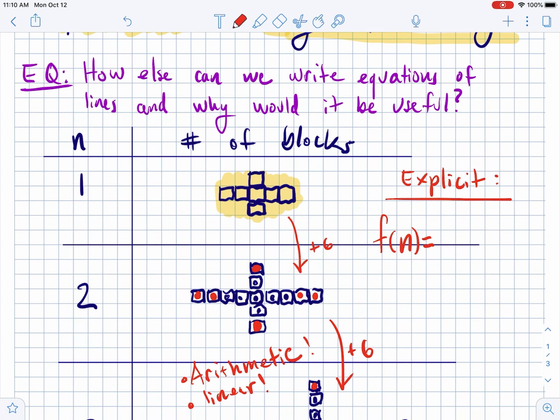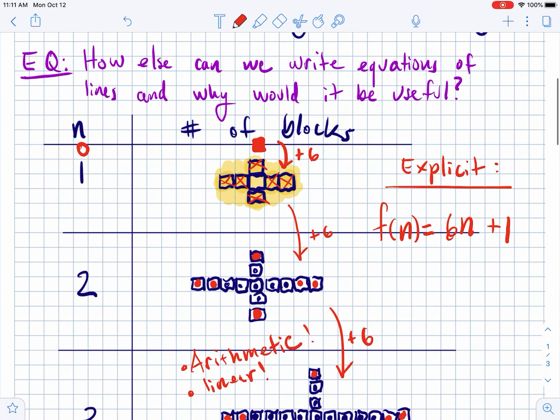I would take off 2 on the left and right, and 1 on the top and bottom. So the 0 figure would be just 1 block, and then it would jump plus 6 up to this one, getting these 6 blocks: 1, 2, 3, 4, 5, 6. So the common difference is 6 times n, and then there's 1 block in the 0 figure.